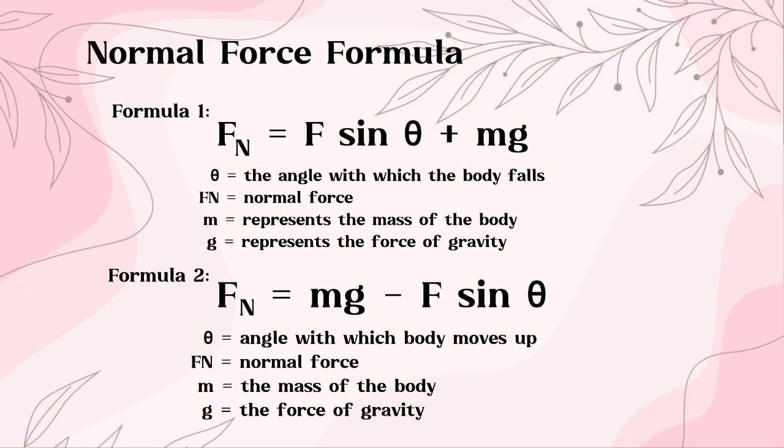Formula number 2 is Fn equals mg minus F sine theta. Theta represents the angle with which the body moves up. Fn is the normal force, m the mass, and g is the force of gravity.